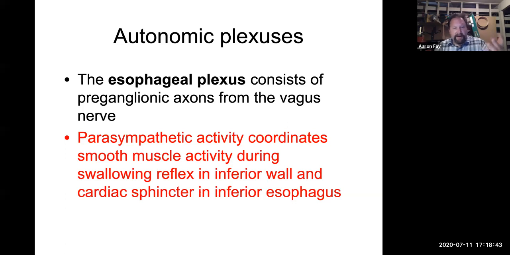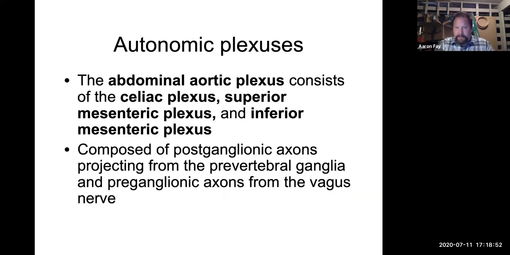Esophageal plexus, parasympathetic activity coordinates smooth muscle, swallowing, peristalsis. Abdominal aortic plexus is made up of the celiac plexus, superior mesenteric, inferior mesenteric plexus, composed of postganglionic axons projecting to the prevertebral ganglion and preganglionic axons of the vagus nerve.